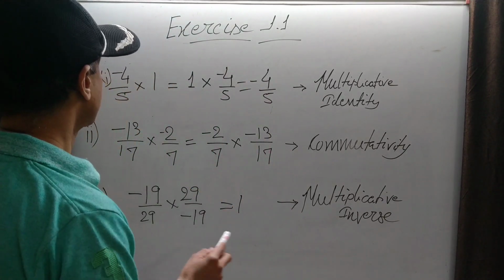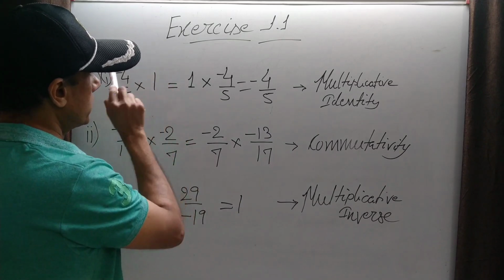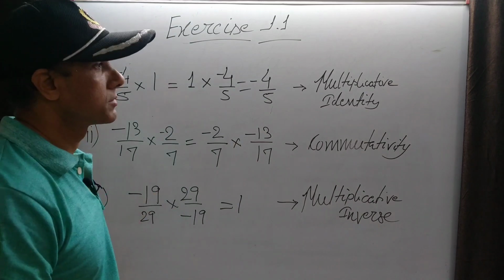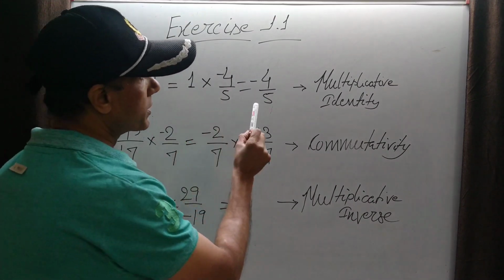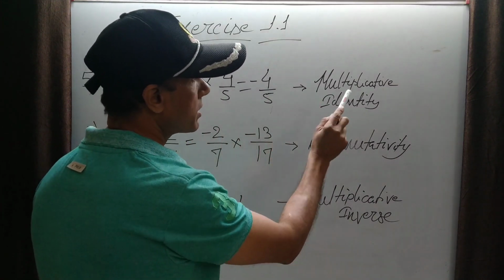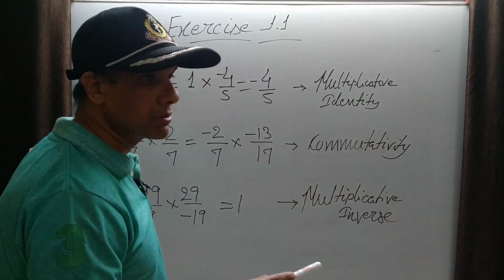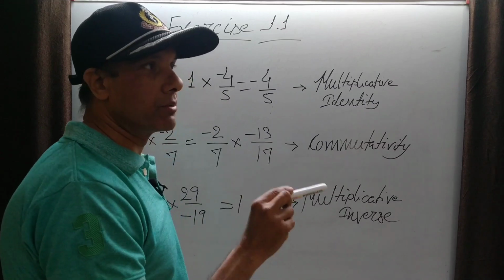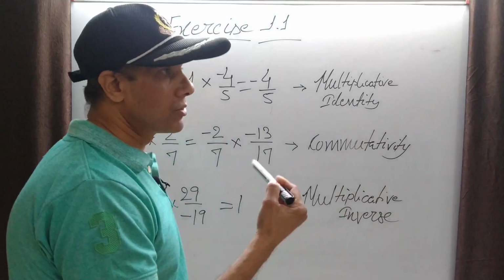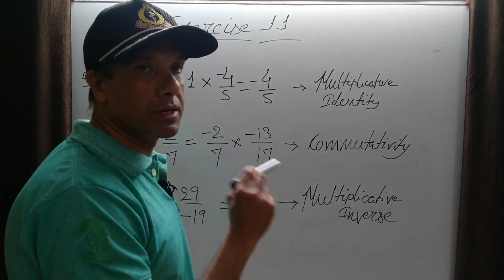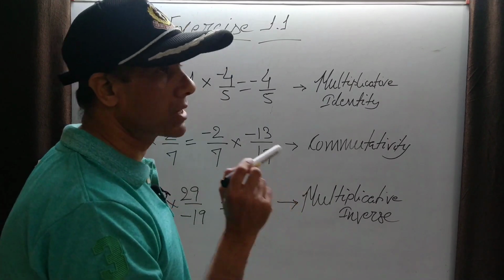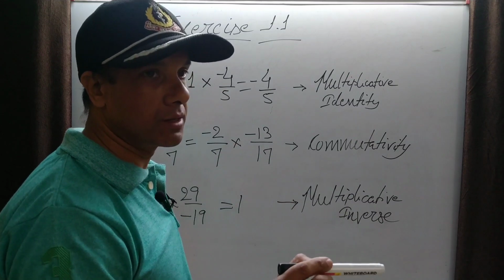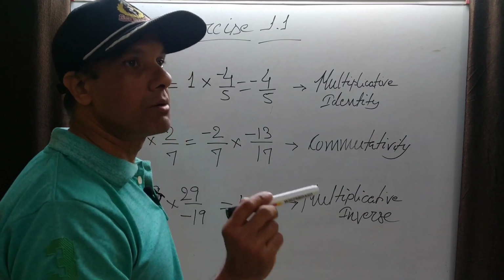This means multiplication of 1 to any rational number doesn't make any difference. So this property is known as multiplicative identity. That means multiplication of 1 to any number, for that matter, maybe a rational number, integer, or whole number, doesn't make any difference. The number retains its identity even when multiplied by 1.